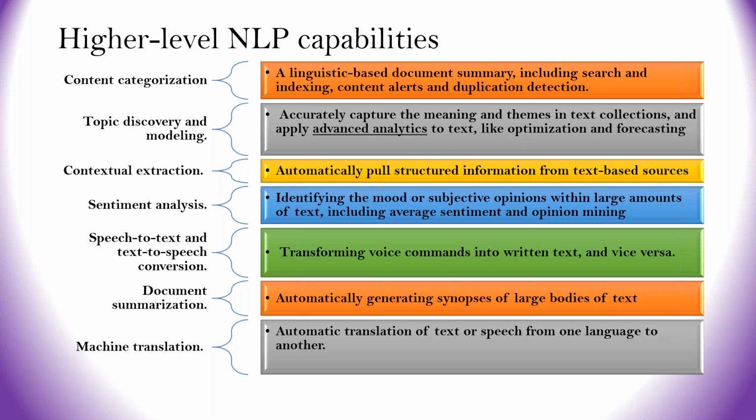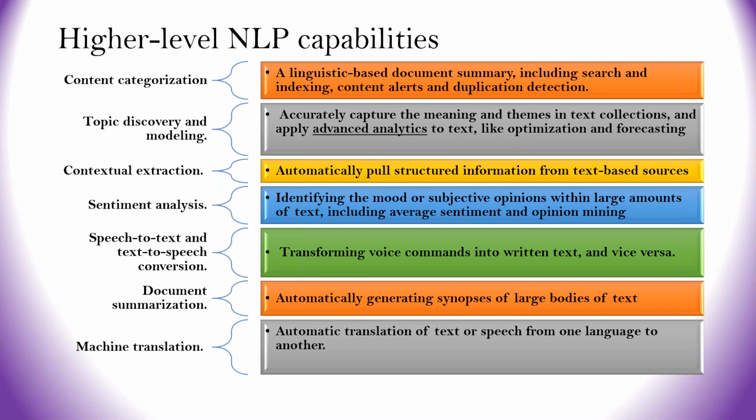Then sentiment analysis identifies the mood or subjective opinions within large amounts of text. It includes average sentiment, maybe a positive, negative or neutral analysis we could generate. So sentiment analysis could be applied on most social media and social network applications. We could understand people's feelings about a particular tag or their interest about a subject.